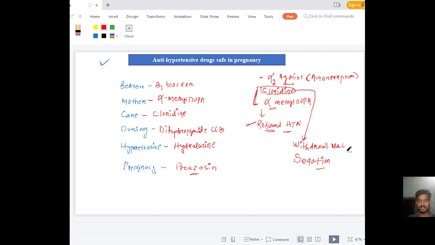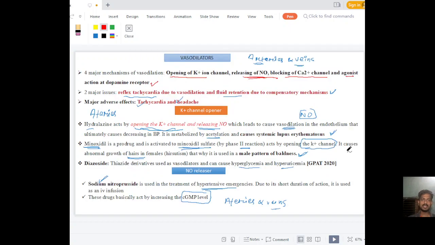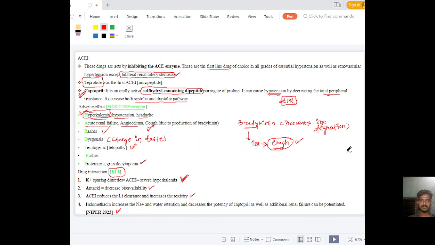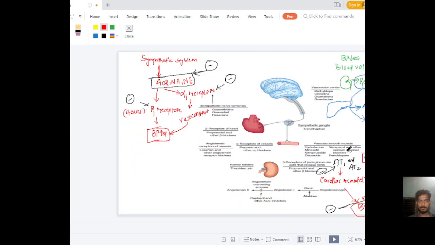Okay, other than that, we also forgot to discuss this class of drugs, the sympathetic nerve inhibitors like reserpine, guanethidine and similar drugs. These drugs like reserpine basically inhibit the vascular reuptake of neurotransmitter.